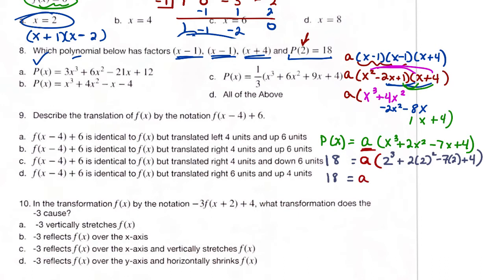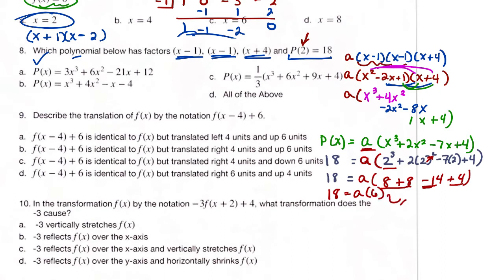So we got a, and then we'll just start to simplify this. 2 cubed is 8. 2 squared is 4, but then 4 times 2 is another 8. Minus 14 plus 4. So 18 equals a times, this is 16 minus 14 is 2, and 2 plus 4 is 6.